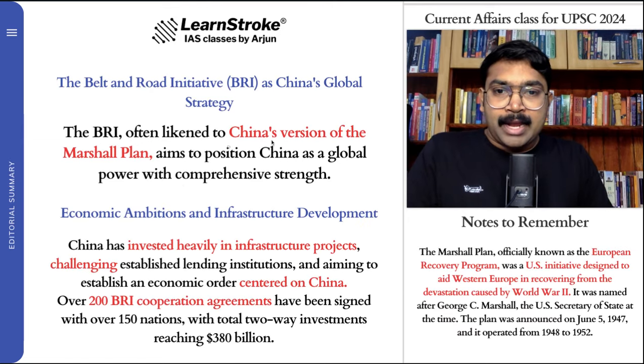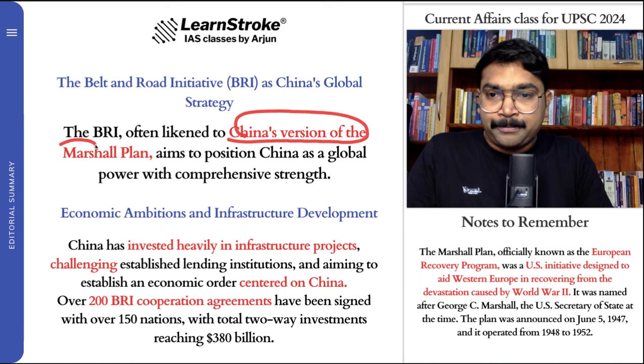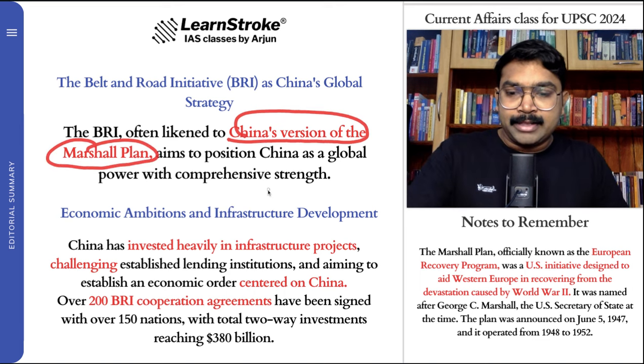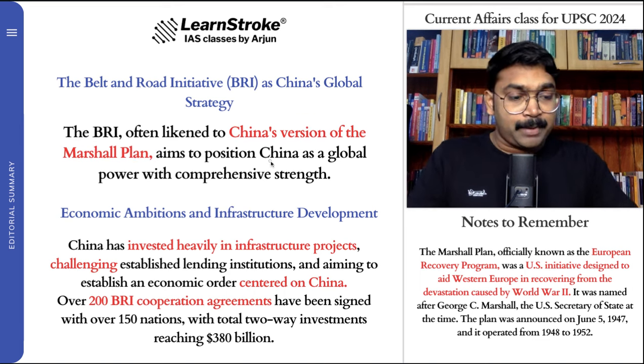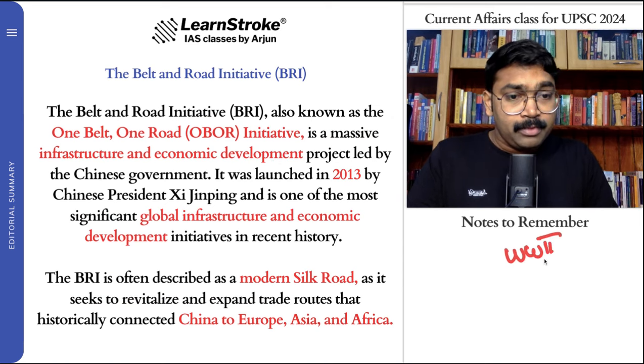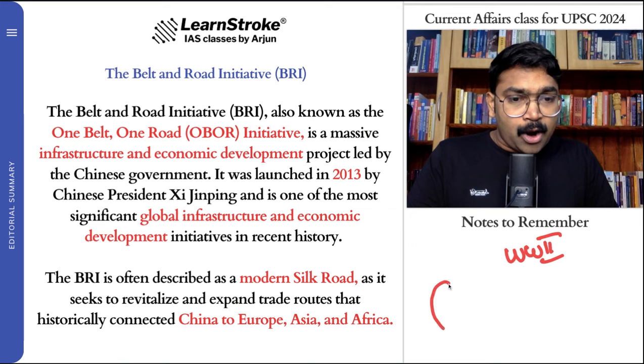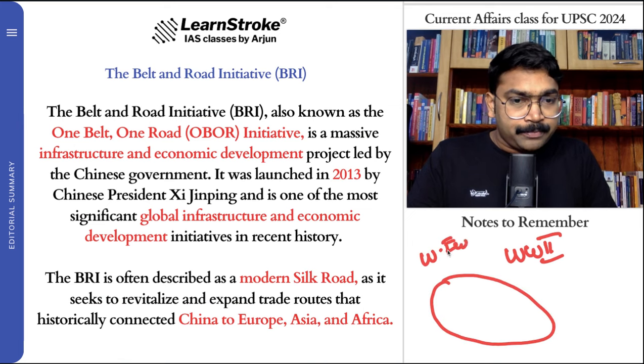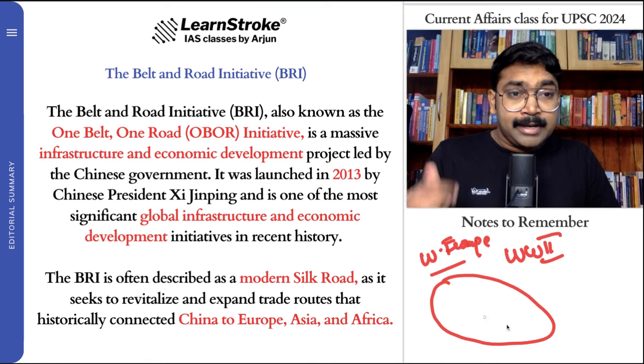So BRI often links to China's version of the Marshall Plan. So what is this Marshall Plan? What do you mean by the Marshall Plan? Let's quickly understand. During the Second World War, a lot of countries, especially the Western Europe countries, were not in a position.